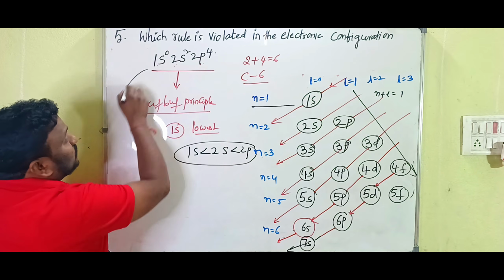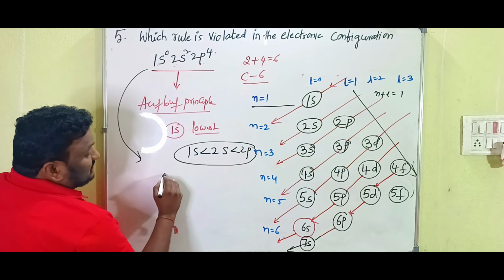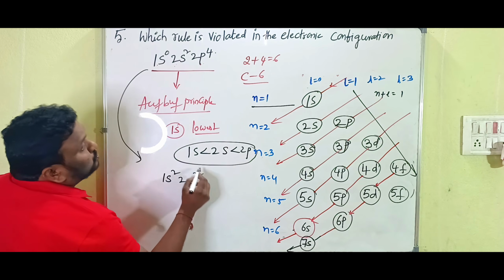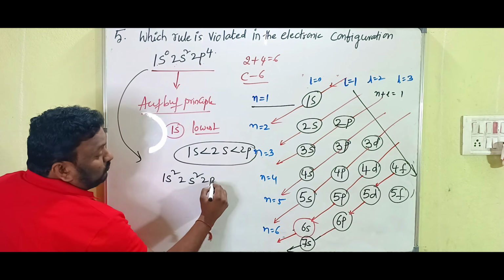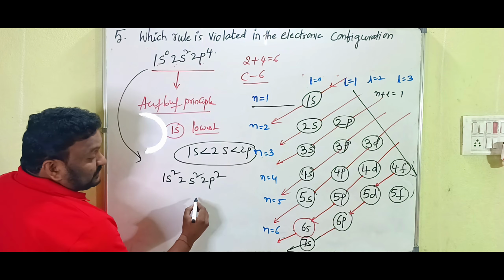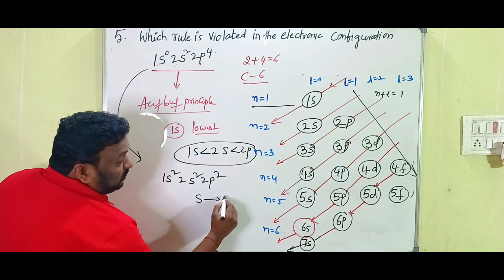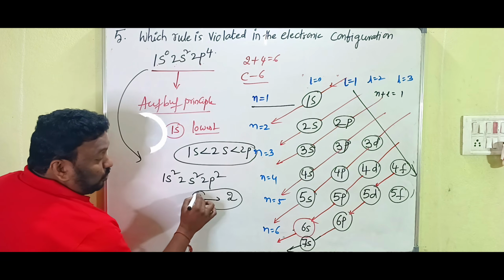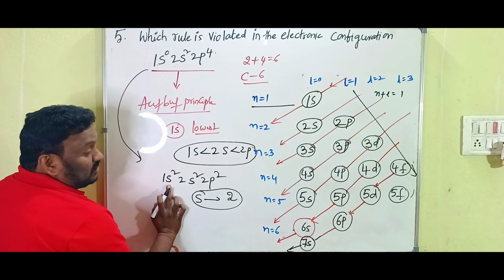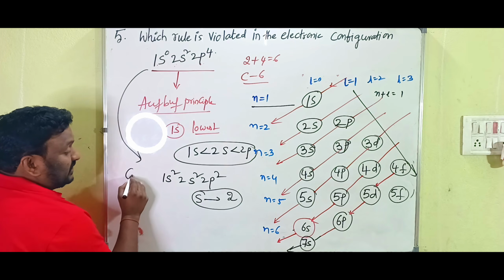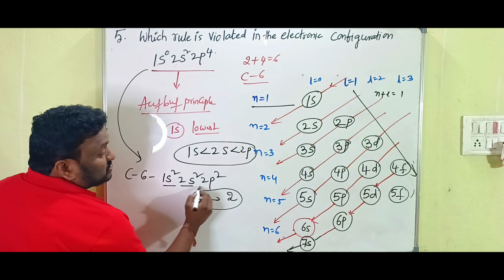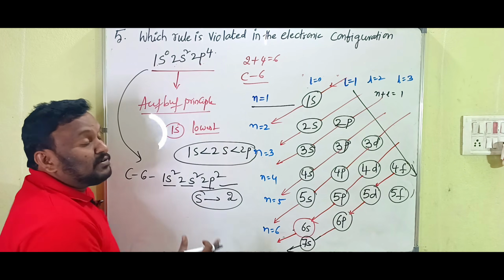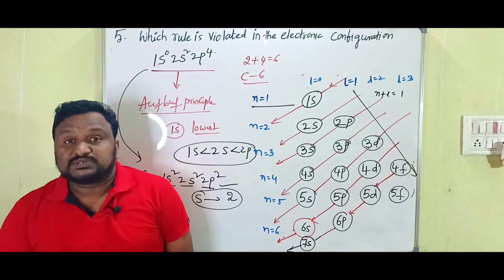The corrected configuration is 1s2, 2s2 and 2p2, because the capacity of an s orbital is 2 electrons. That's why we give only 2 electrons in the s orbital. So the correct configuration is 1s2, 2s2, 2p2, children.